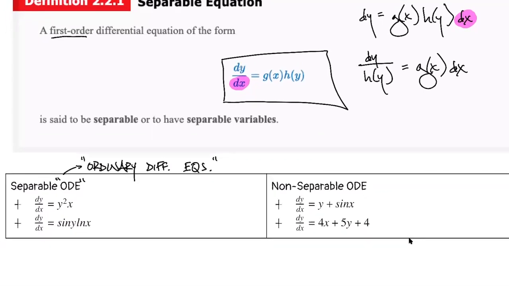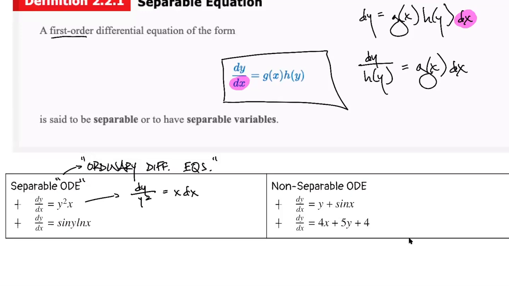So the separable type, if I look at this first one, dy/dx equals y squared times x, I could use exactly what Dean said in this case. I could multiply the dx to one side, and then I would divide that y squared to the other side. And so this one, if I separated it, would look like dy over y squared equals x dx.